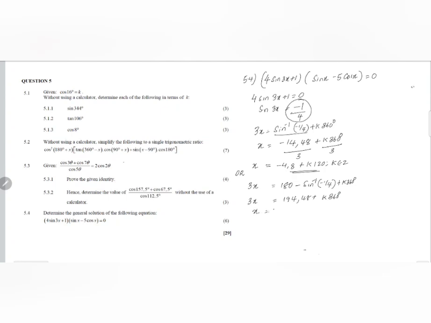Therefore, x is equal to, dividing both sides by 3 including 360, 64.83 plus k 120, where k is an element of Z. So this is the other one. When you use the first factor, this is how you get it.